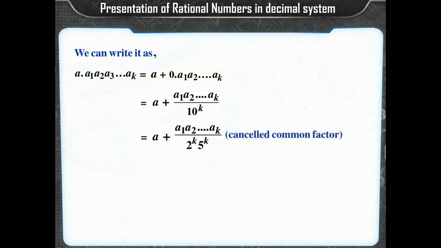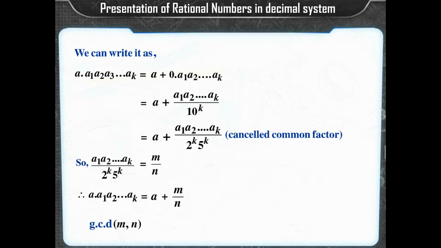Now cancel common factors from A1, A2 up to AK and 2^K, 5^K. So we get the reduced form as M upon N. Therefore, A.A1, A2 up to AK is equal to A plus M upon N, where GCD of M, N is equal to 1 and N is equal to 2^P, 5^Q, where P and Q are not more than K.